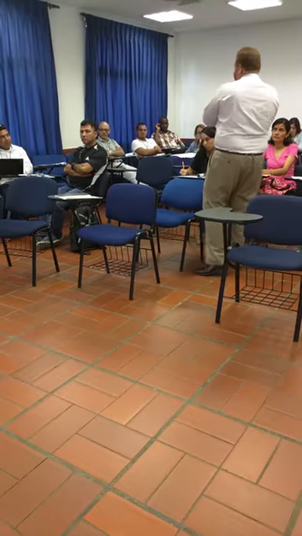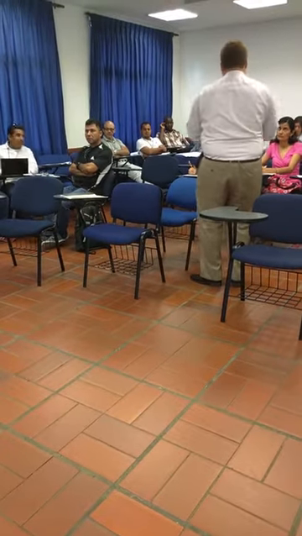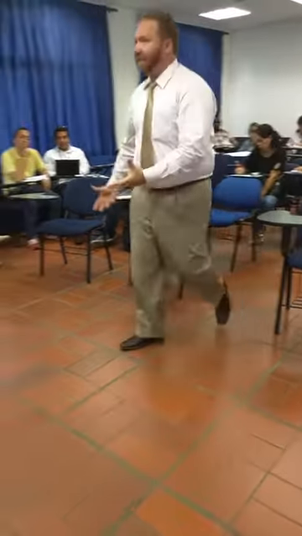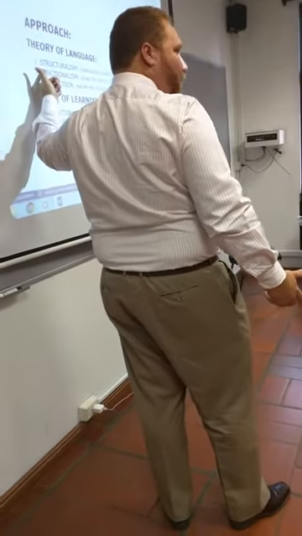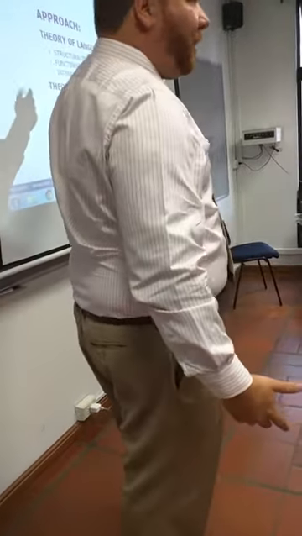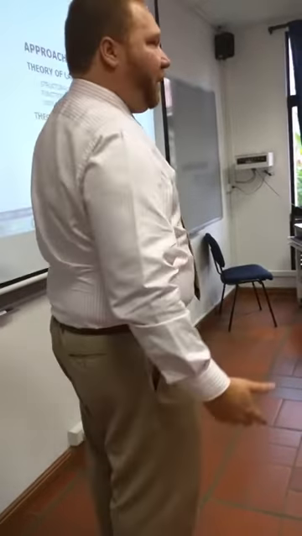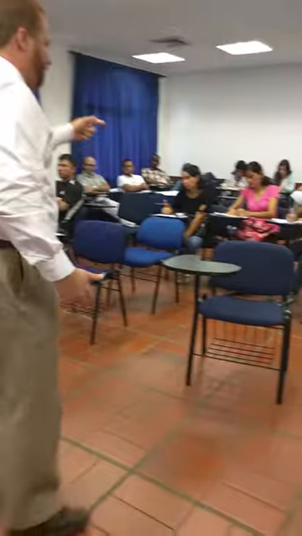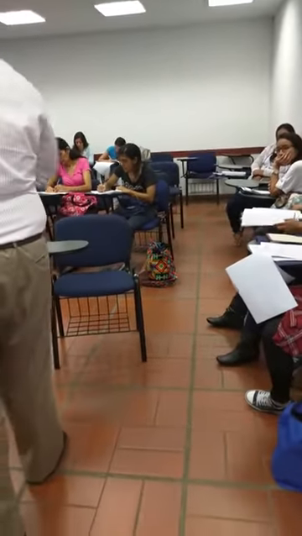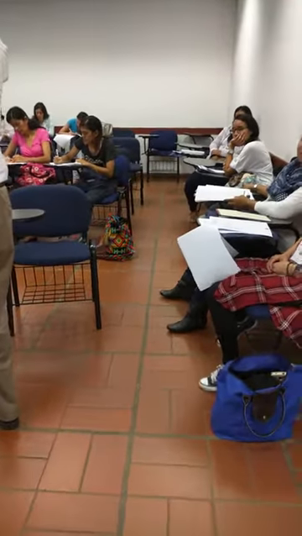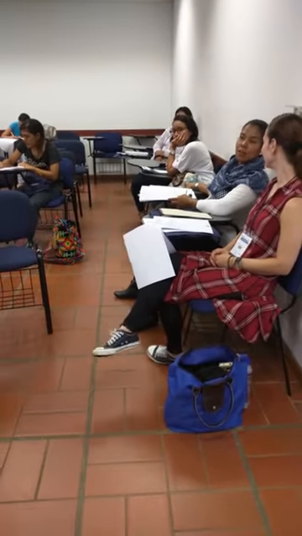But the beginning of the communicative approach is functionalism. This is the beginning. So do you want to be a communicative teacher? Teach your students how to do things with the language. And then you advance to interaction.